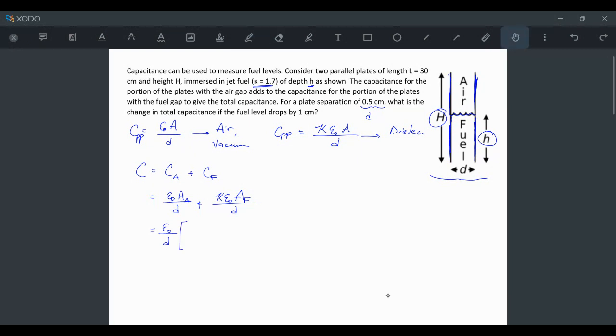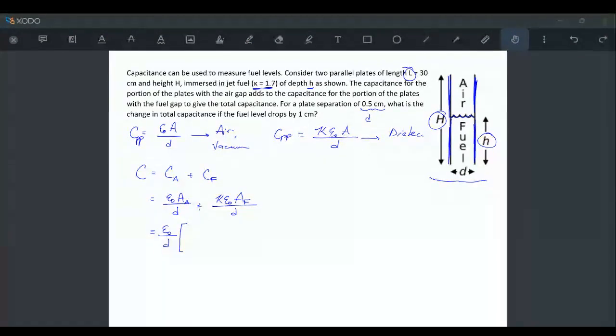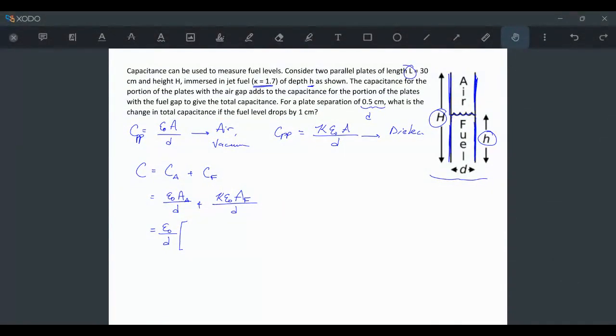The area is, what were we given? We're given capital L here. That's the length. So we're thinking about the planar dimensions of this plate. We have length and we have width. I believe we have width, don't we?